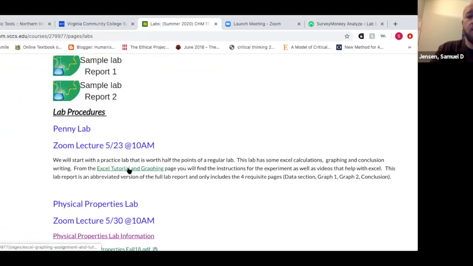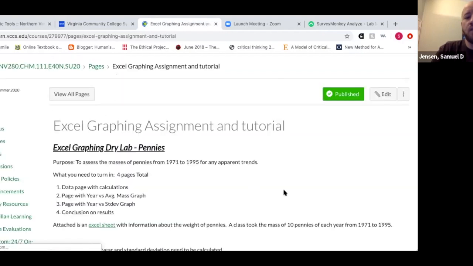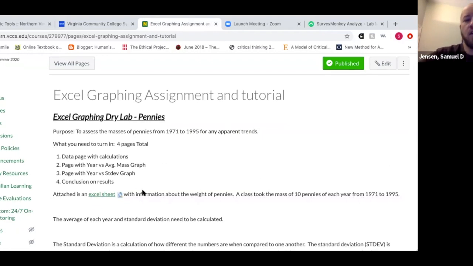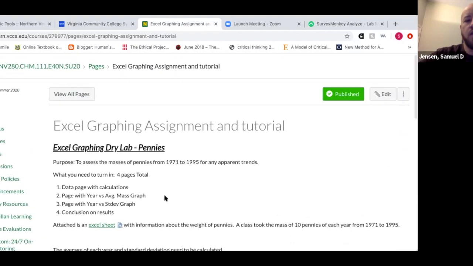So if you click on the Excel tutorial, again, this is a summary of what you need to do. I'm looking for 4 pages: the data page with the calculations, a year versus the average mass graph, a year versus standard deviation graph, and the conclusion.